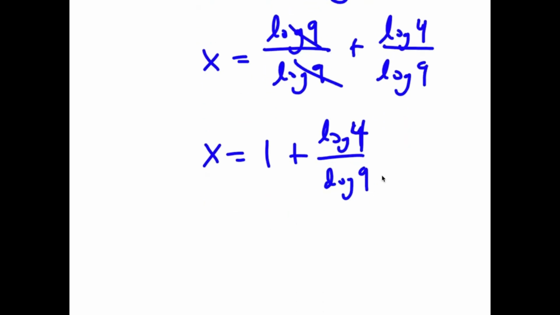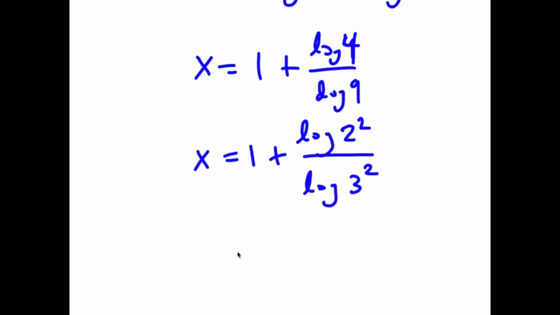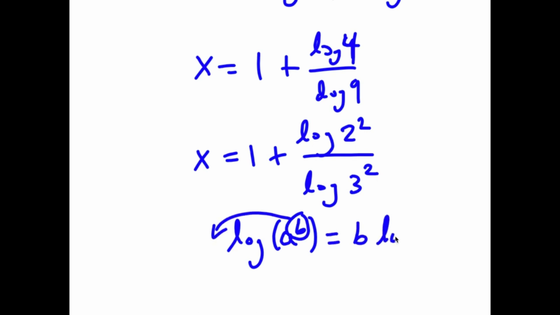So now I can rewrite log 4 as log of 2 squared, and I can rewrite log 9 as log of 3 squared. And remember, if I have something in the form log of a to the power b, I can move this exponent b to the front, so this can equal b times log a.